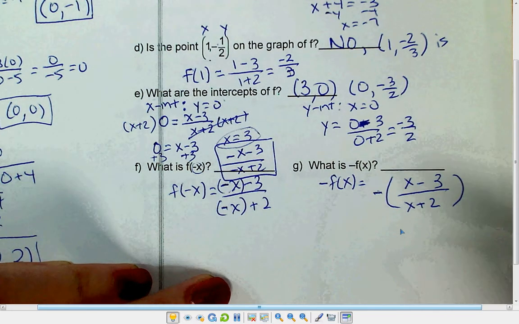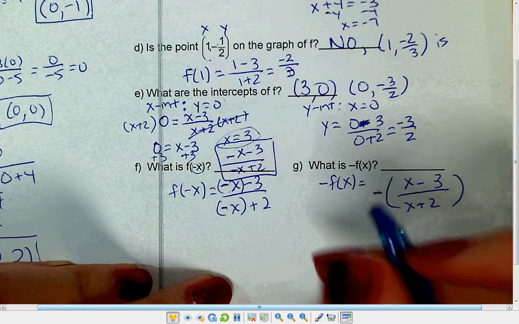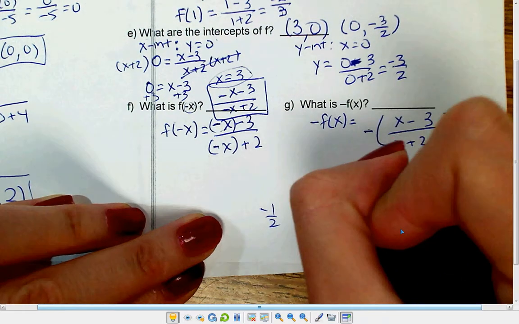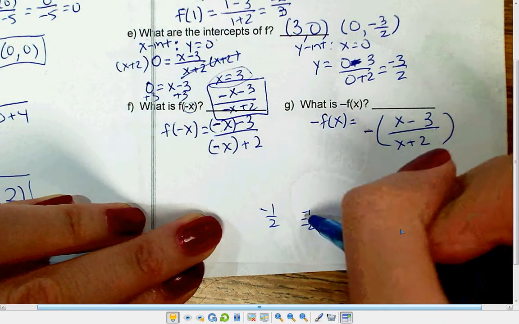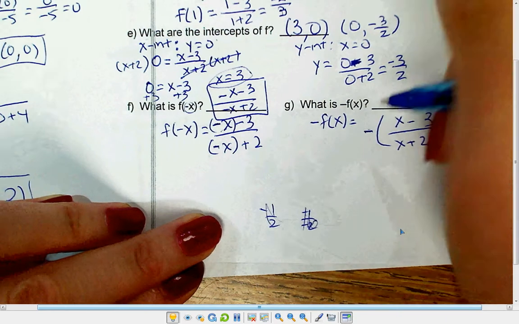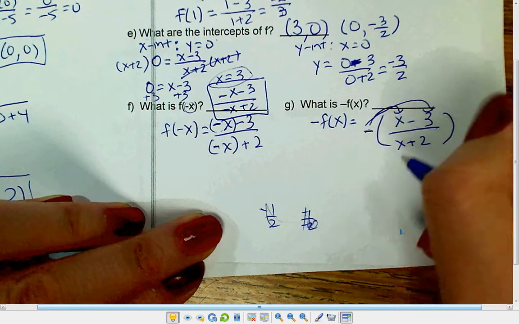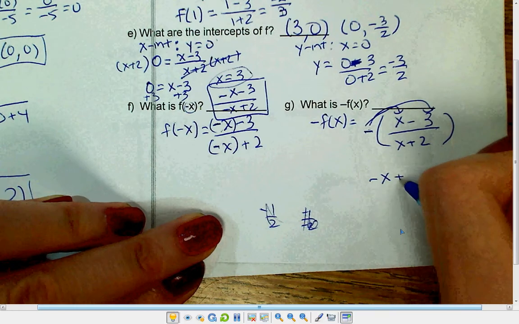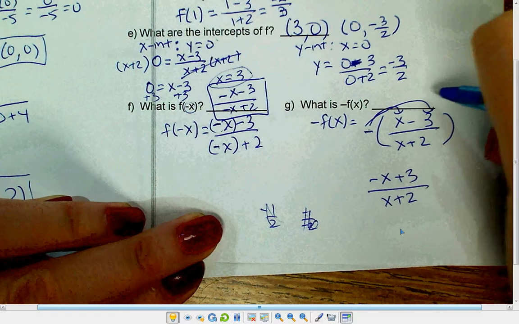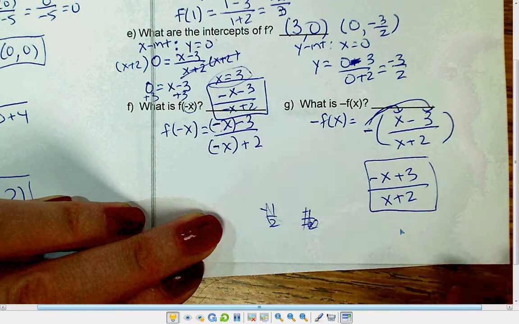Like if you have a negative 1/2, for example, you're not saying that it's both -1 and -2, right? Because then the negatives would cancel out. It's really the negative is only on one of your numbers. So we're going to only distribute the negative to the numerator. So this gives us negative x plus 3 over x plus 2. And that can be my answer for g.